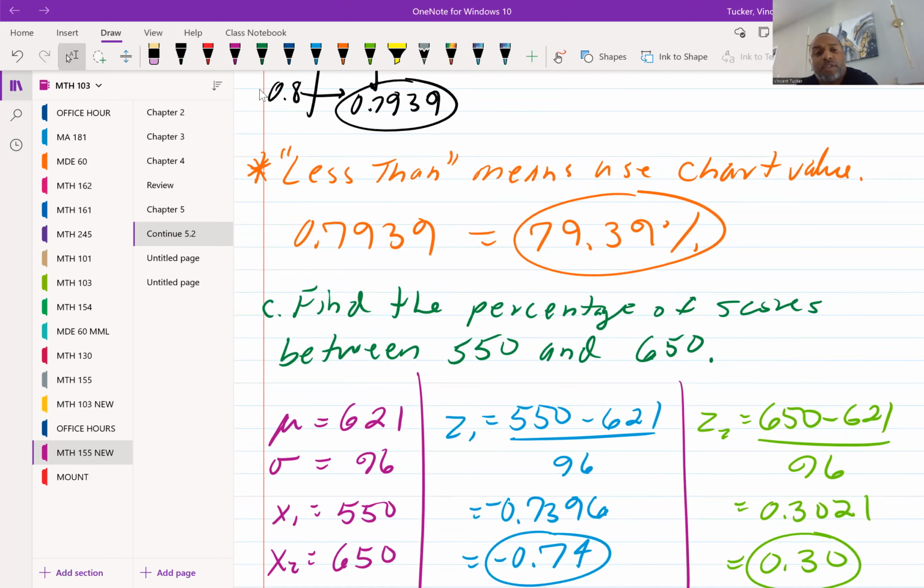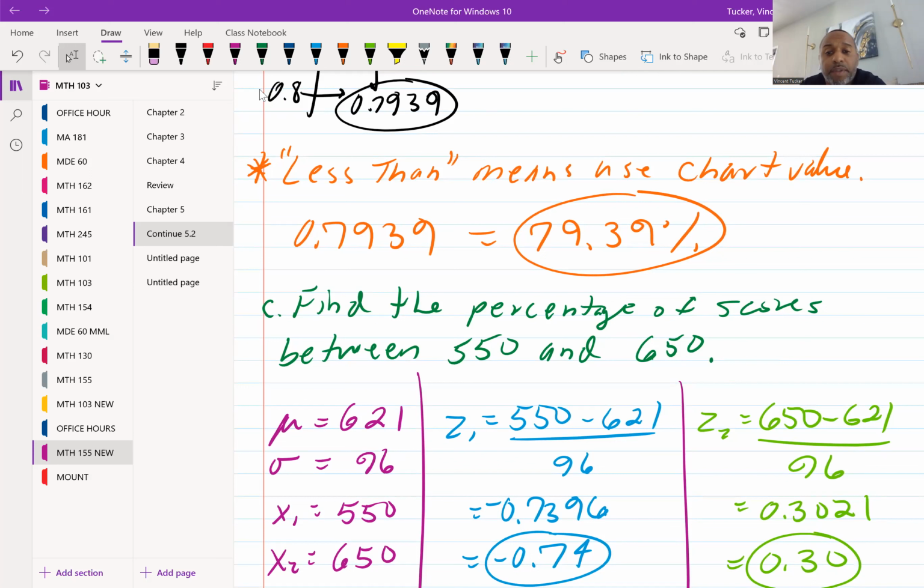So we want to find percentage of scores between 550 and 550 and 650. So we have two different data values. I'll call it X1, X2. Mean is still 621, standard deviation still 96. We have 550 and 650 that we need to convert into z-scores separately.